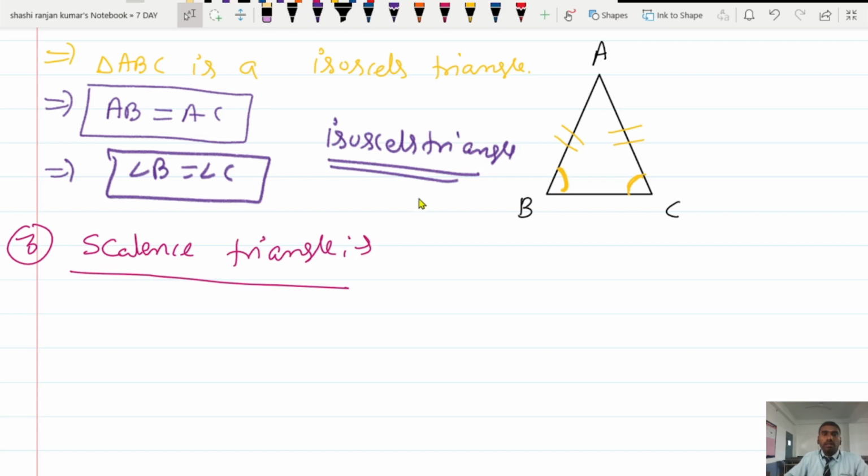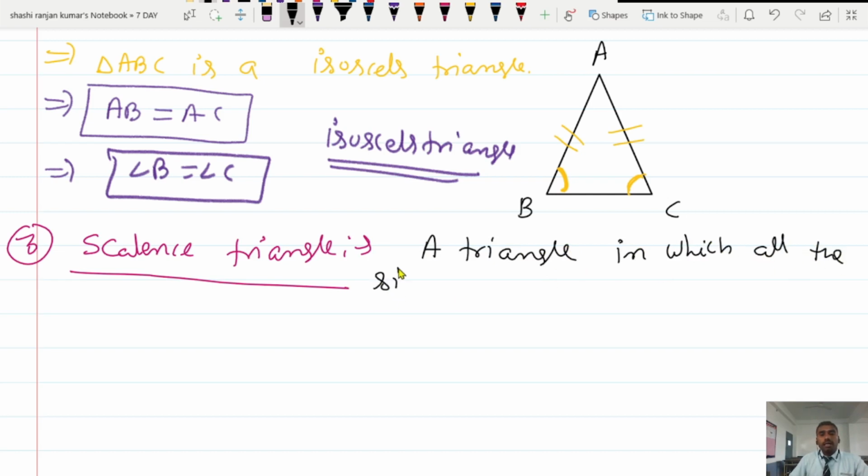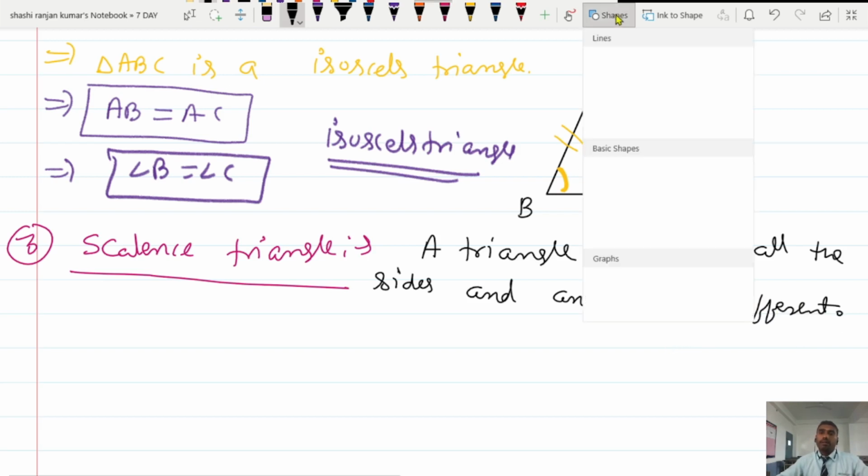Here we have the definition: a triangle in which all the sides and angles are different is known as a scalene triangle. Let us make a diagram here.